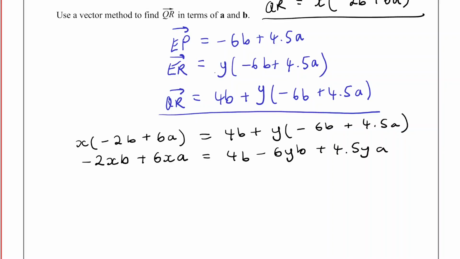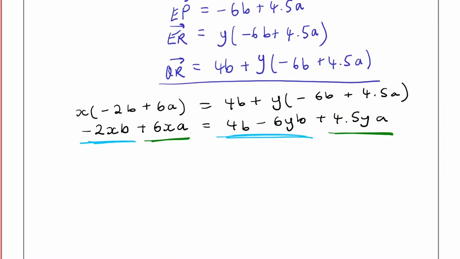So in order for these to be equal, the A's on the left have to equal the A's on the right, and the B's on the left must equal the B's on the right. So 6X must be the same as 4.5Y, and minus 2X must be equal to 4 minus 6Y.